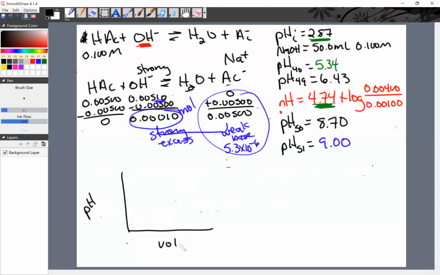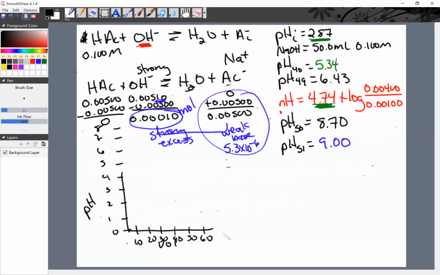On the X, I'm going to put the volume. So this will be 0, 1, 2, 3. Okay, and then we'll do 10, 20, 30, 40, 50, and 60.